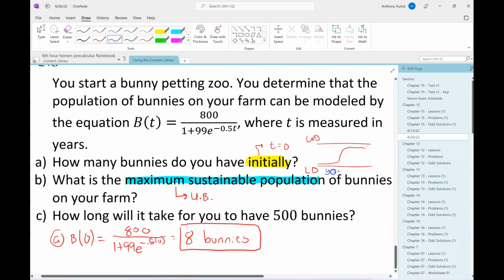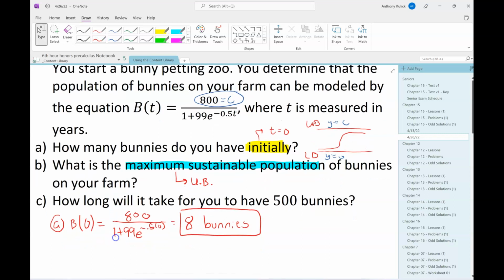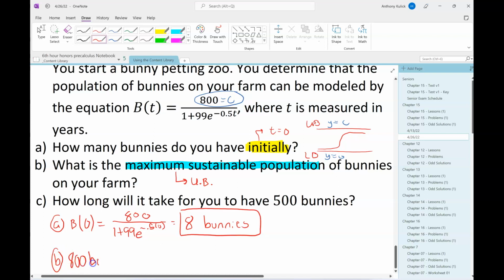So the lower bound happens at y equals 0. The upper bound happens at y equals c, where c is the numerator of our logistic. So part B is just going to be 800 bunnies.